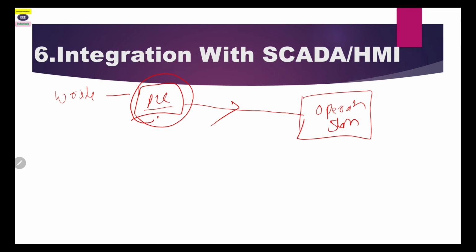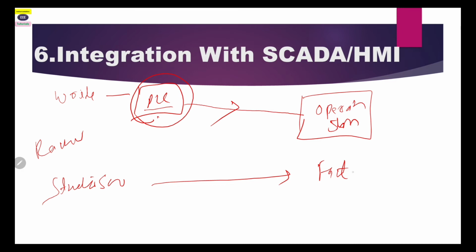So for example, if we see a Rockwell PLC, you write all the program in Studio 5000, okay, but the integration is with FactoryTalk View, which is the SCADA of the Rockwell PLC.